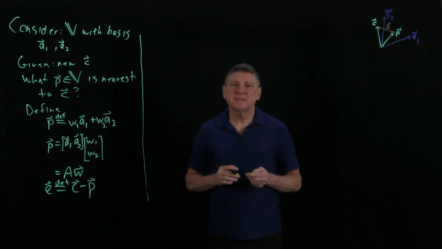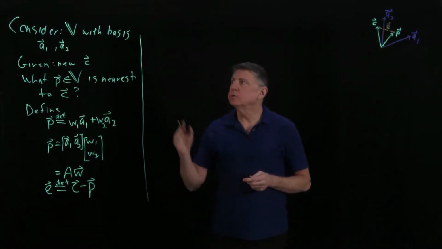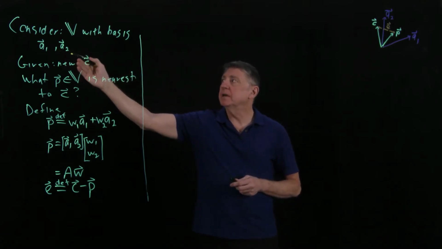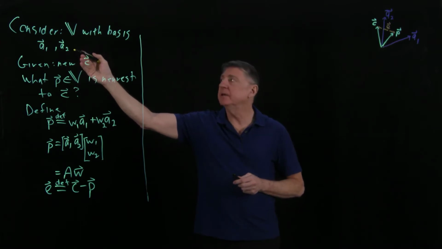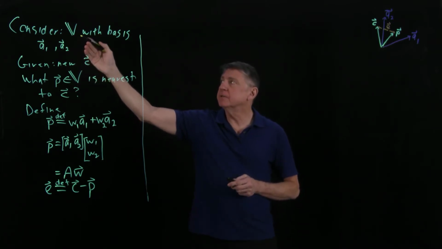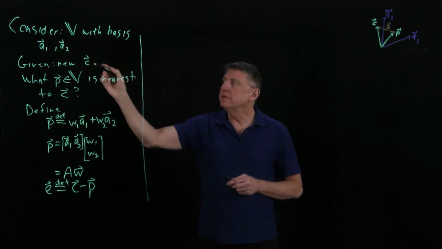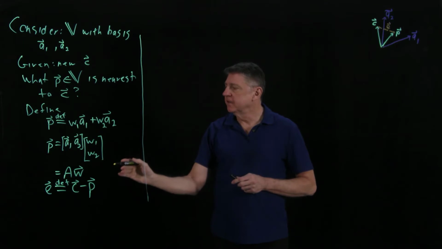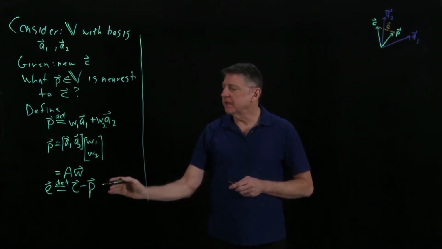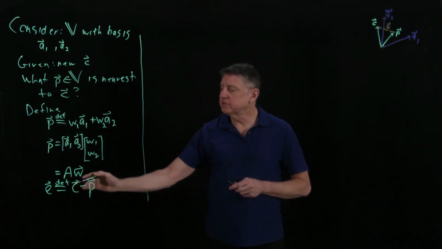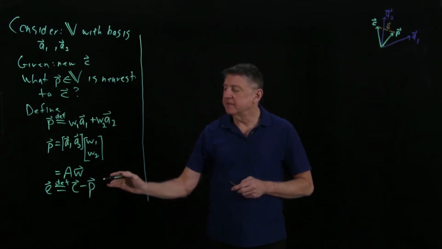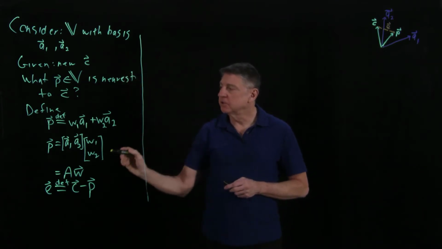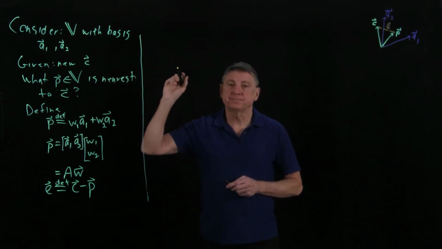Welcome. In this session in linear data analysis, we'll solve this problem, which is that we're given basis vectors a1 and a2, and they're linearly independent, so they form a basis of a 2D vector space V. We're given a new vector c, and previously we established that we could formulate an error vector, which was the difference between the given vector c and a vector p, which was the nearest vector in the vector space to the new vector.